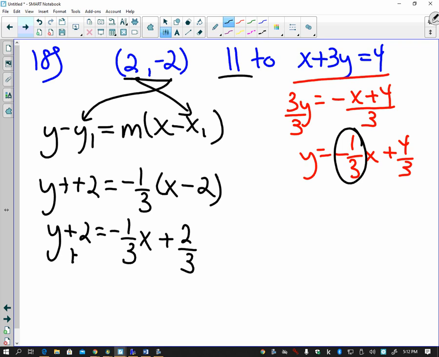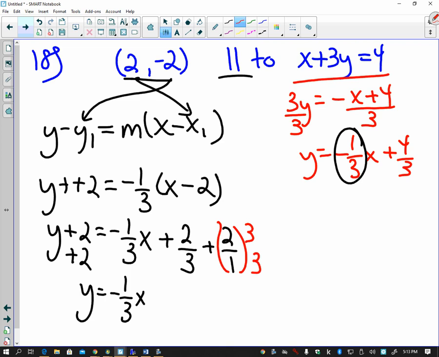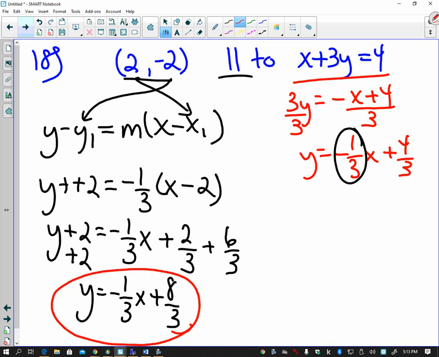Finally we want to add 2 over here, which is 2 over 1. So we got y equals -1/3 x, and we've got 2/3 plus 2. Let's get a common denominator, multiply by 3 over 3, which is the same as 6/3. So 2/3 plus 6/3 is 8/3. So our final answer here is y equals -1/3 x plus 8/3.